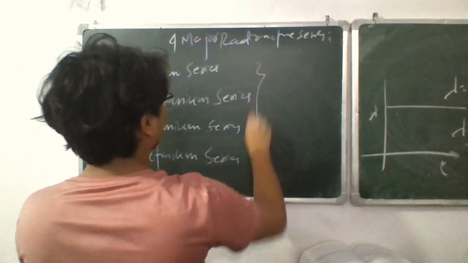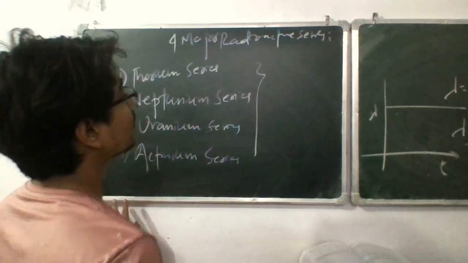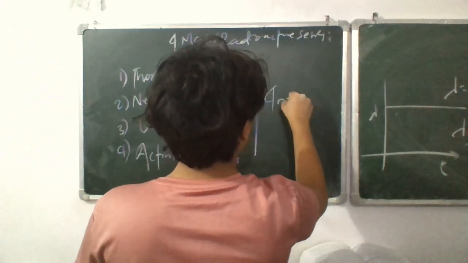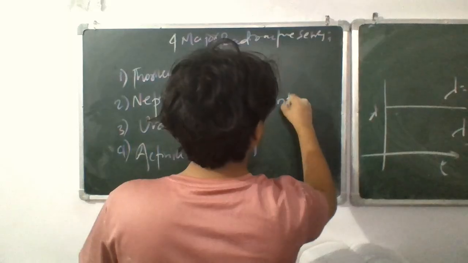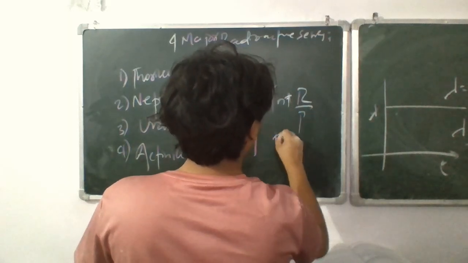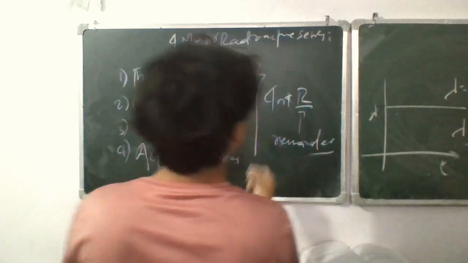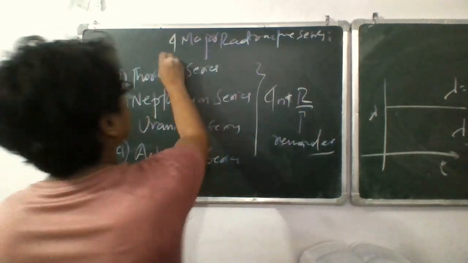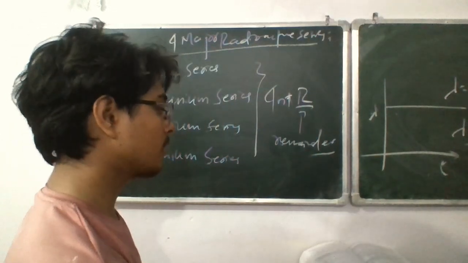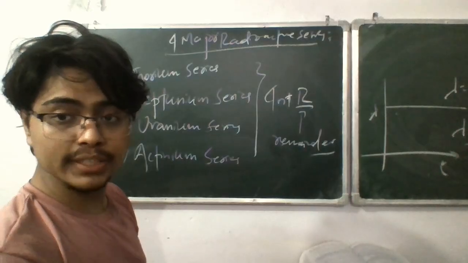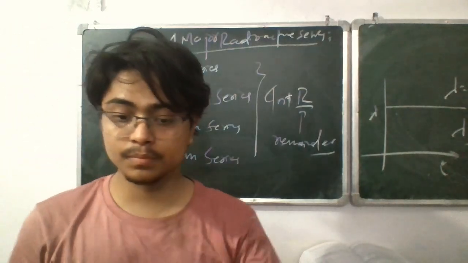And these are all classified or divided on the basis of 4n, 4n plus 1, 4n plus 2, 4n plus 3, that is, on the basis of remainders. Four major radioactive series. Now let's talk about each of them in more detail.